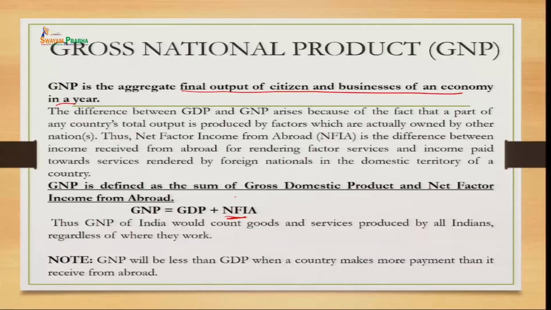So, when we add this figure of NFIA to GDP, we will get the figure of GNP, but here one thing you need to take into consideration is GNP can be less than GDP, and that depends upon the figure of NFIA. Suppose you are making more payments to the foreign nationals working in your country and your receipts, your incomes, are lesser, then your NFIA will be negative, right, the figure will be in minus.